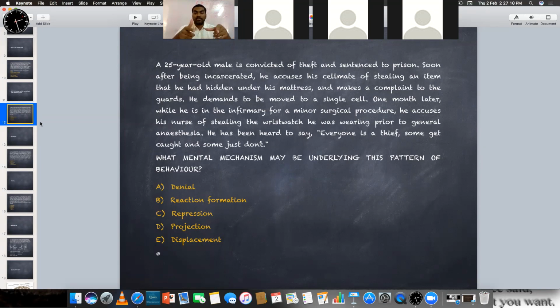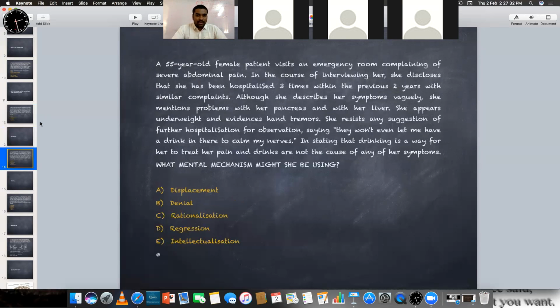Repression is choosing not to bring an old memory or an old stressful circumstance into today. It's not regression. Regression is earlier stages of development. Repression is he doesn't remember that the circumstance might have occurred previously in time. Okay, now that is projection.